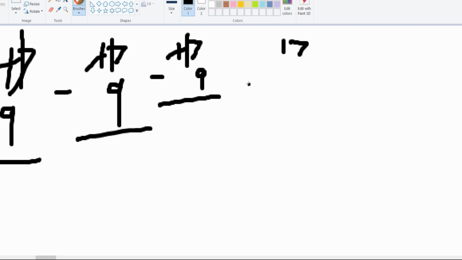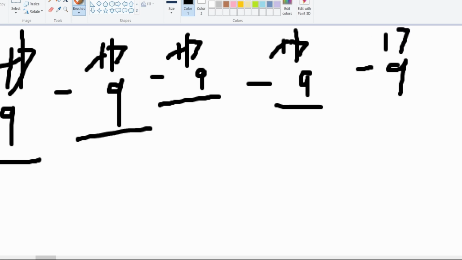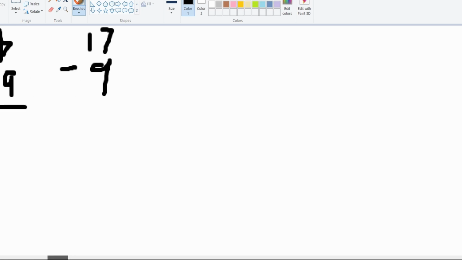So here we have 17 minus 9. We cross out the 1 and move it in front of the 7. And now we have 17 minus 9. This should make the problem a little bit easier.